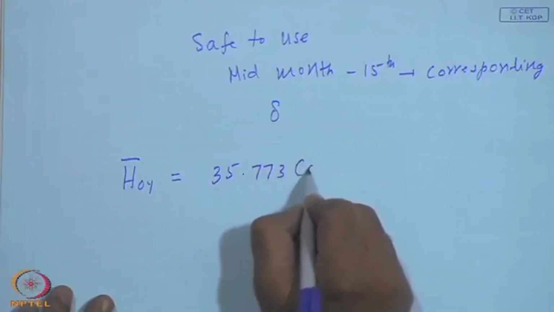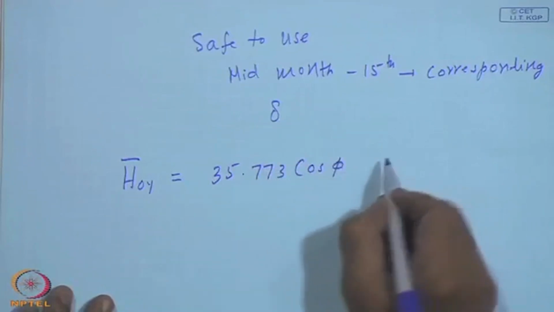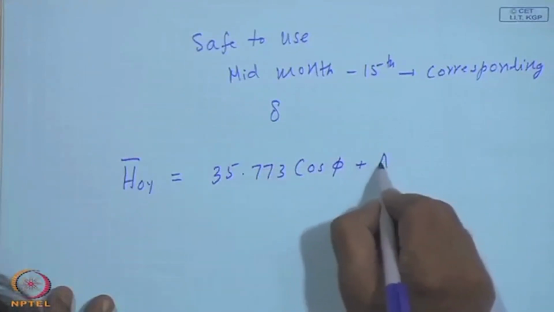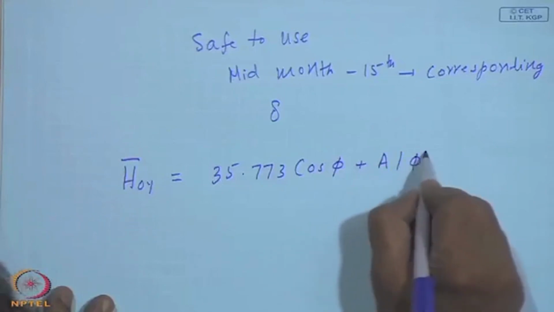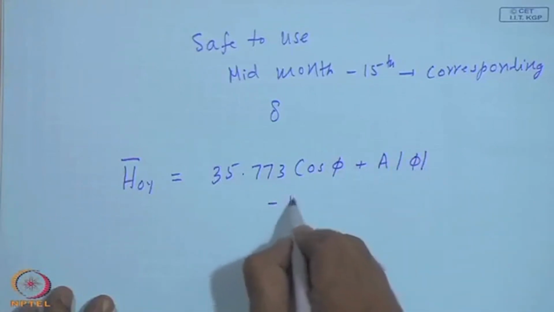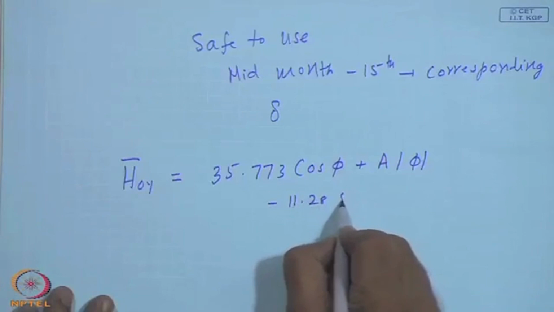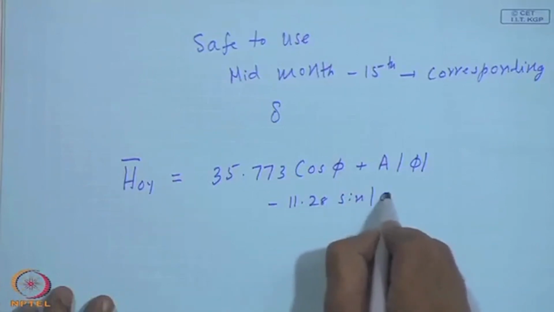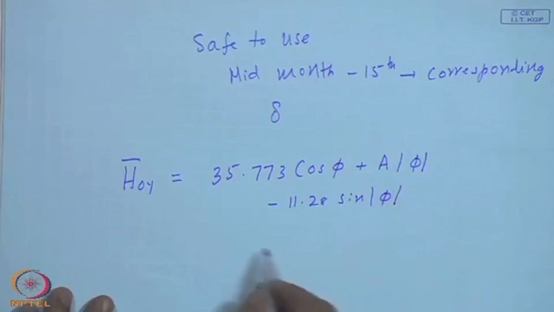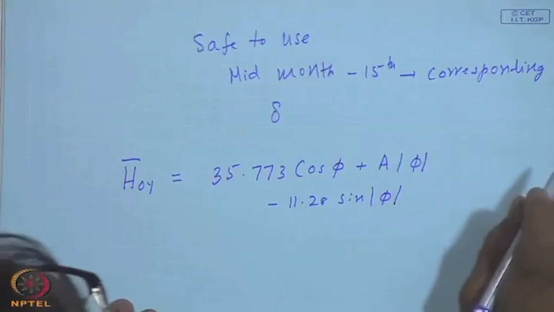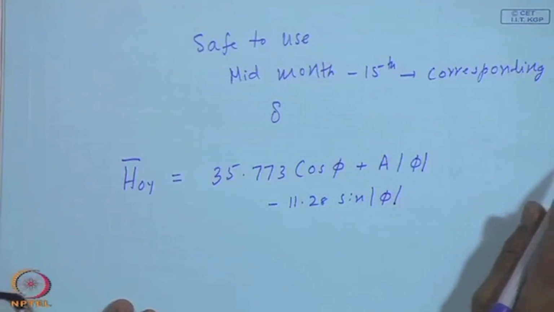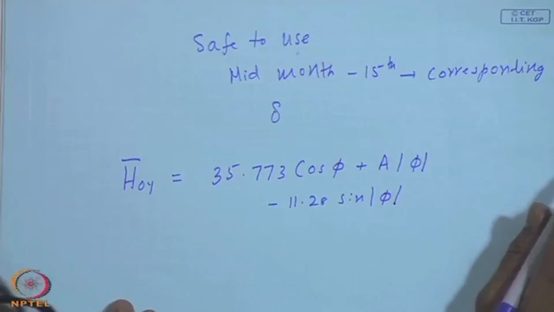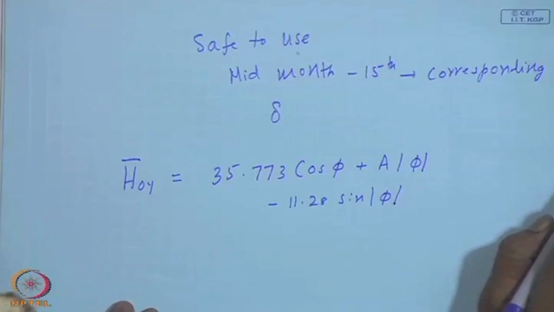35.773 cos of latitude plus A times modulus of phi minus 11.28 sin mod phi, where A is, for positive latitudes, slightly lower, and for negative latitudes, slightly higher.